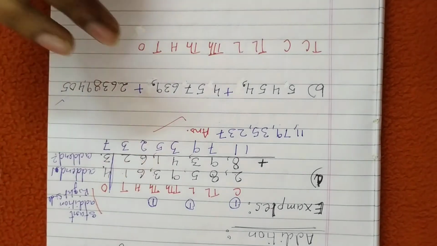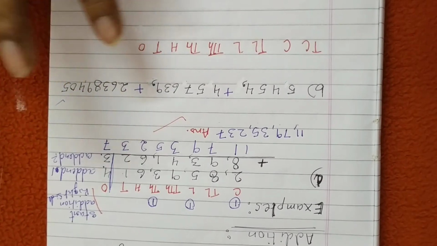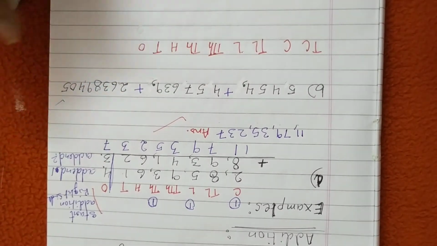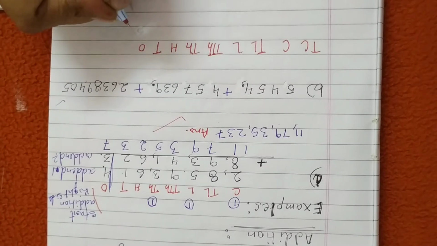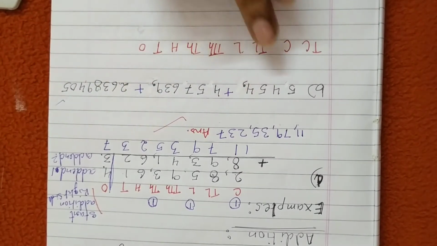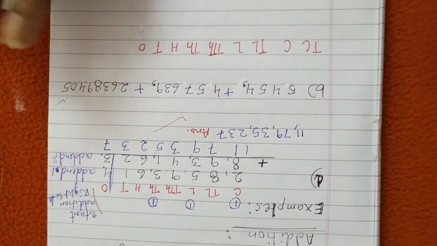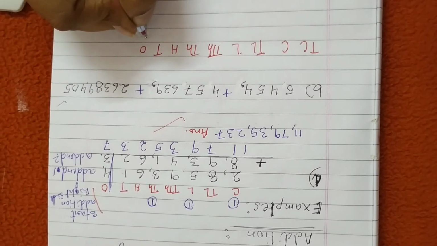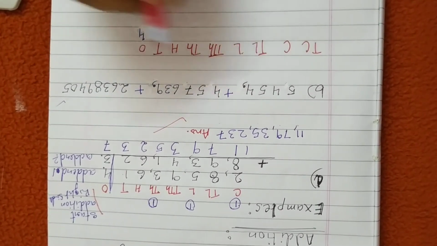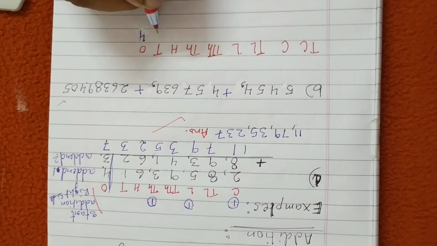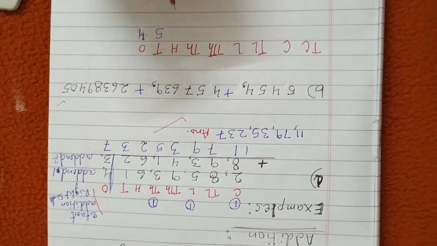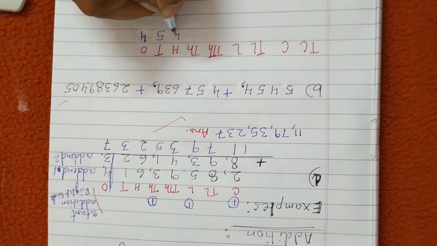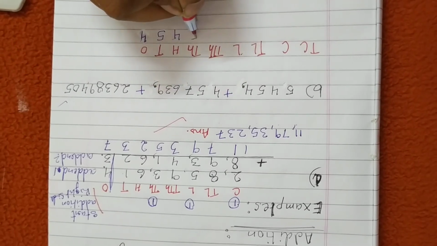Children, I am using whitener, but you are not supposed to use it. Now let's start placing digits. In the ones place, it is given 4. Tens place 5, hundreds place again 4, and thousands place 5.